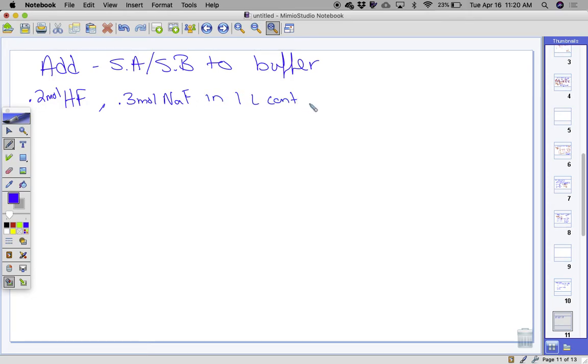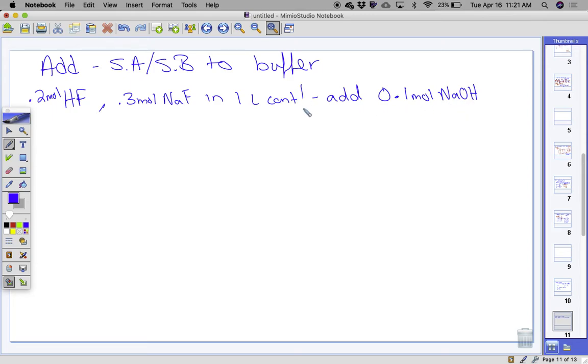And we're going to add to that some strong base. So let's add, I don't know, let's add 0.1 moles of NaOH to it. Good job. We're on the same path. All right, we're going to add 0.1 moles of NaOH and see what that does to the pH.